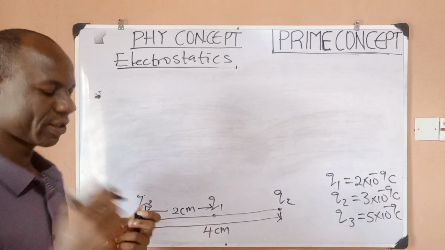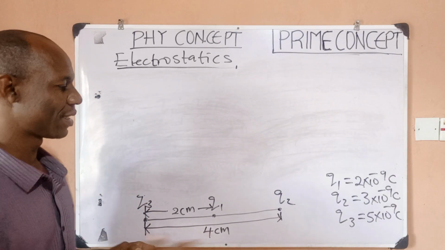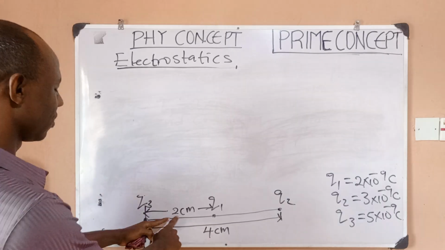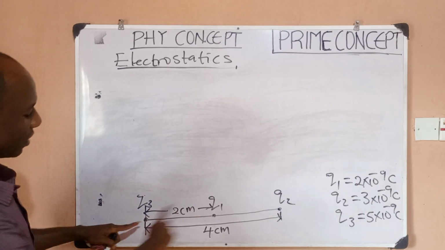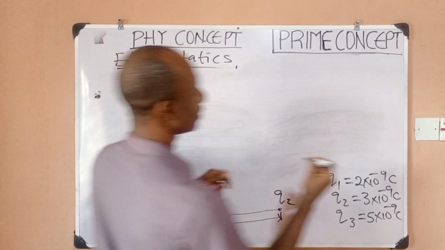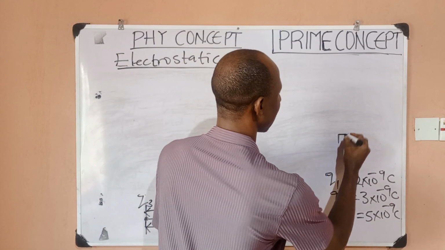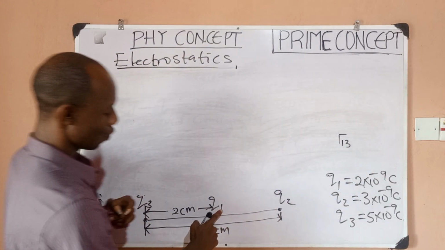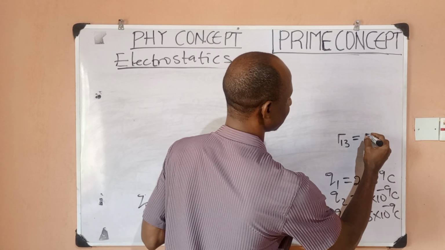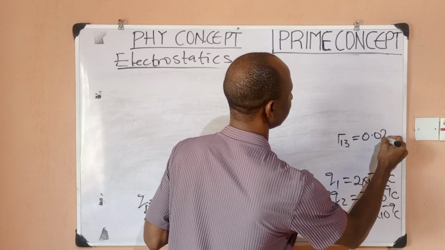Don't forget to work with SI units. Charge is in Coulomb, so your distance has to be in meters. The distance between 1 and 3, R13, is 2 cm, which is the same as 0.02 meters.